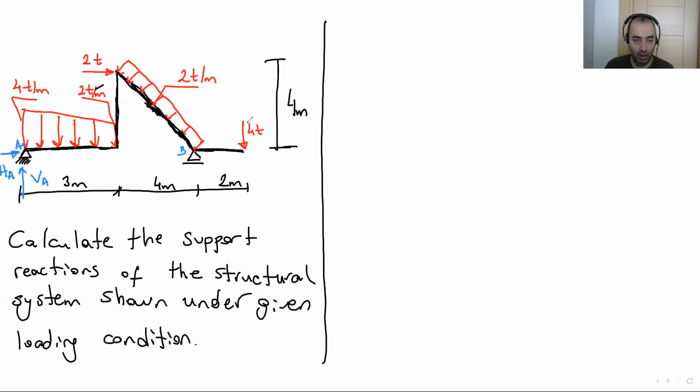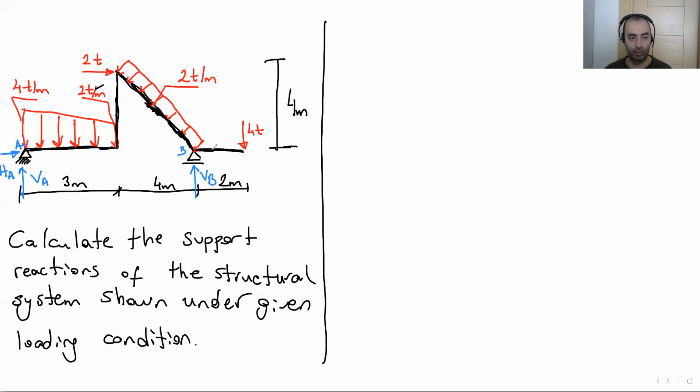Yes, we have a vertical reaction here. We don't have any horizontal because it slides on the ground, on this surface. So therefore, there is no horizontal reaction. Okay, now we have all our reactions. This was the first step.